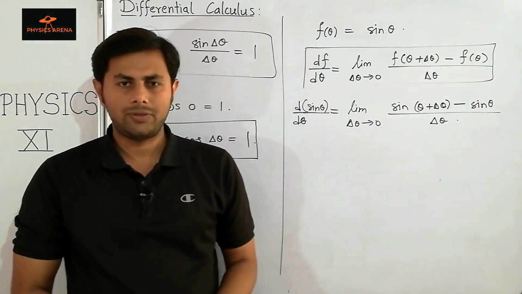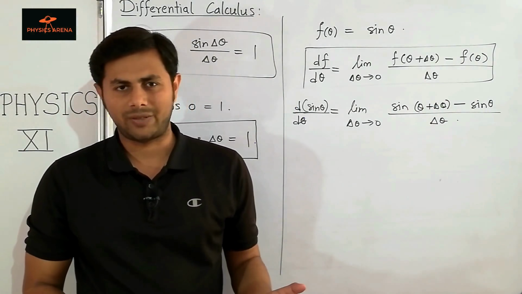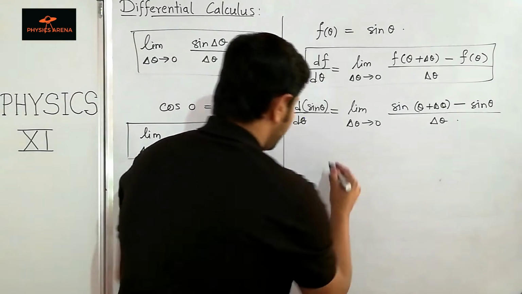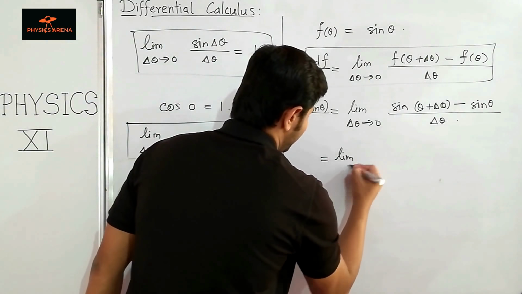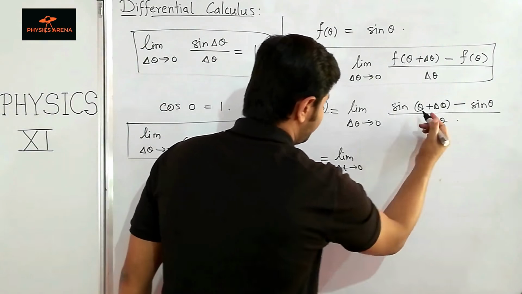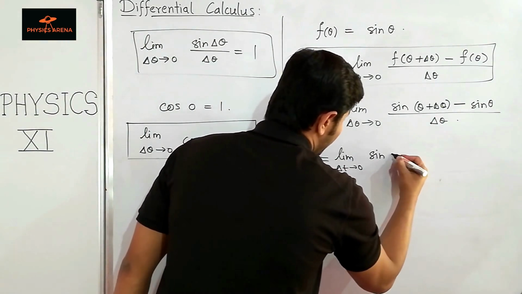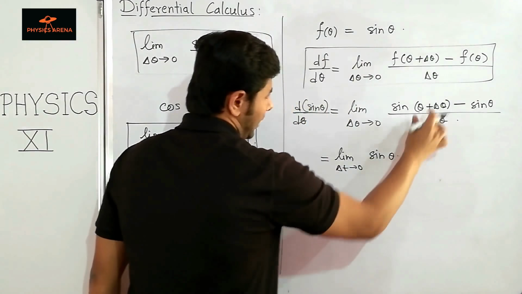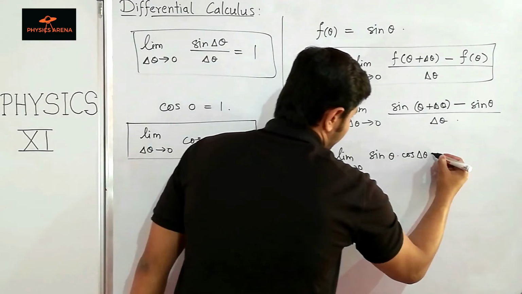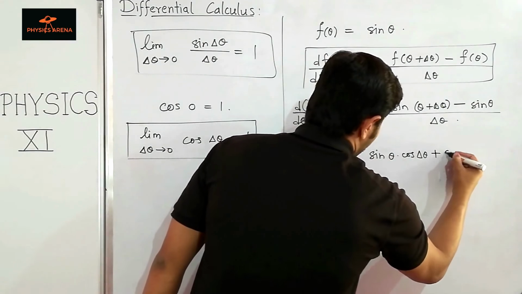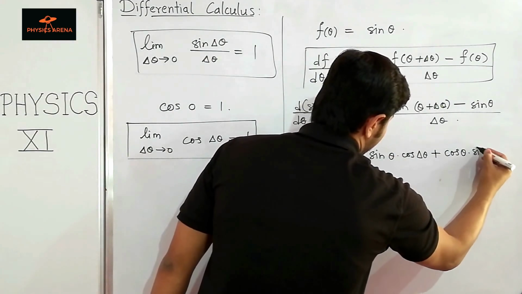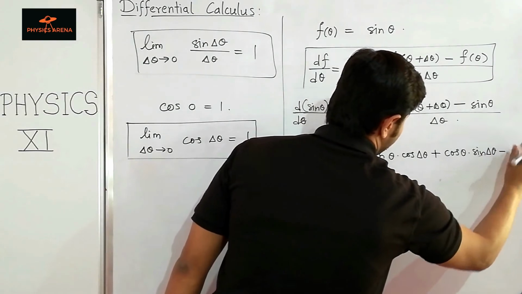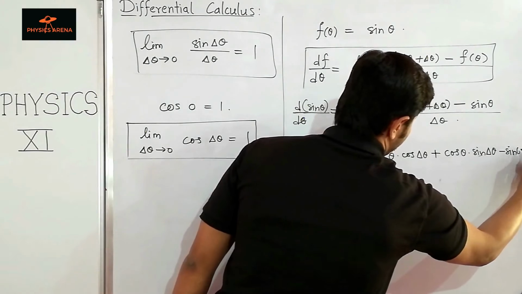So we need to know the formula for sine of a plus b. It is sine a cos b plus cos a sine b. So let me write this as limit delta theta tends to 0. This is sine of theta into cos of delta theta, I am expanding this, plus cos of theta into sine of delta theta, and the sine theta was there, so minus sine theta.